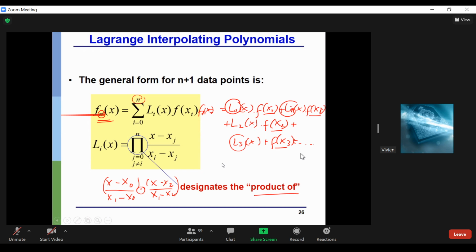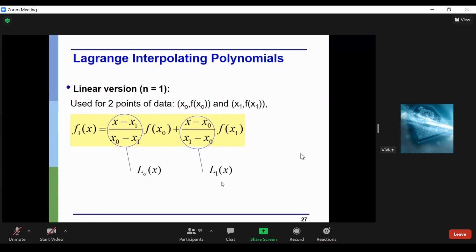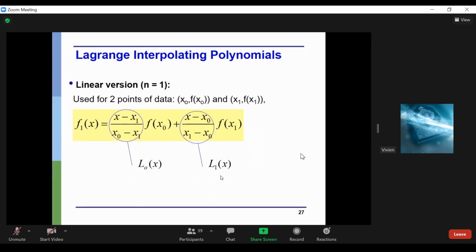Yeah, so for the linear version, that will be L0. L0 x times f(x0), in which L0 x will be (x minus x1) over (x0 minus x1).